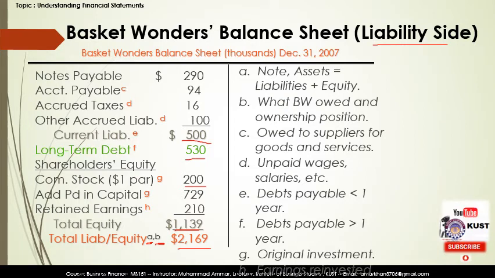So this is your whole balance sheet of Basket Wonders for the year 2007, right? We can try to solve our ratios using this example of Basket Wonders in our next lecture.